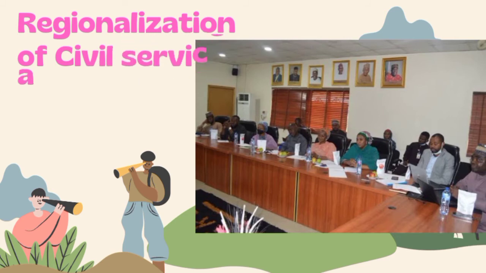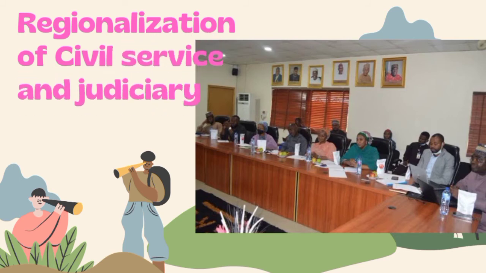Now, another feature is regionalization of civil service and judiciary. So this means that the regions now had their civil service and the judiciary. So they were having their own civil service, their own workforce, and also their own judiciary.